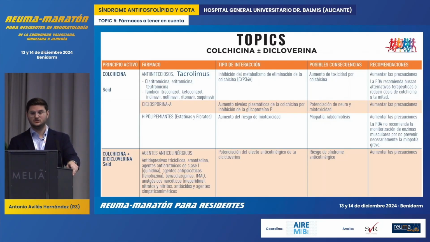In the case of using Colchimax, we must keep in mind that in addition to the effects previously mentioned, there may be interactions with anticholinergic agents listed on the slide, which can lead to an enhanced anticholinergic effect of dicycloverine and a risk of anticholinergic syndrome. We must once again take extra precautions in the event of interactions with these drugs, but they can be used.